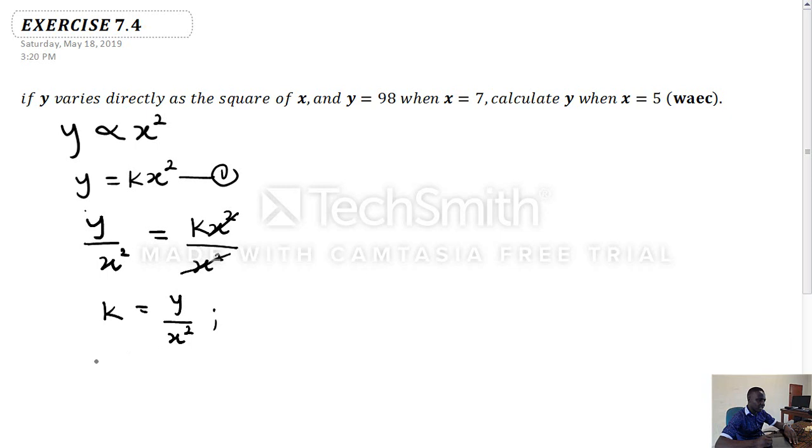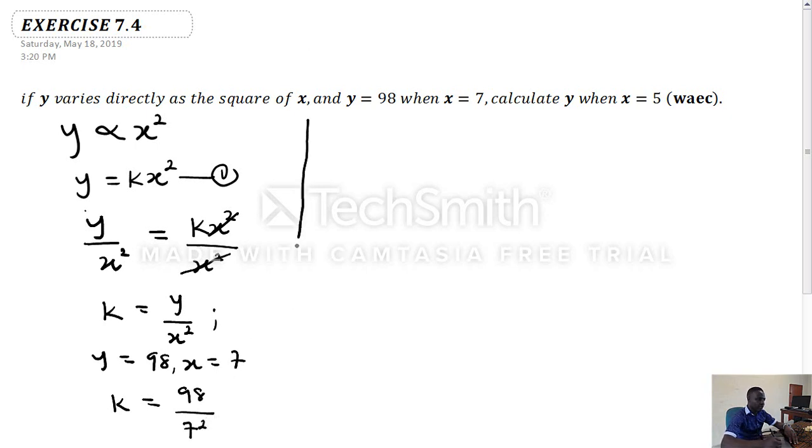Given that y is equal to 98 when x is equal to 7, we are going to substitute 98 and 7 for y and x. So we'll have k is equal to 98 divided by 7 squared.